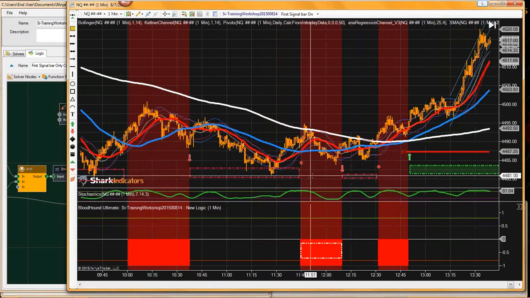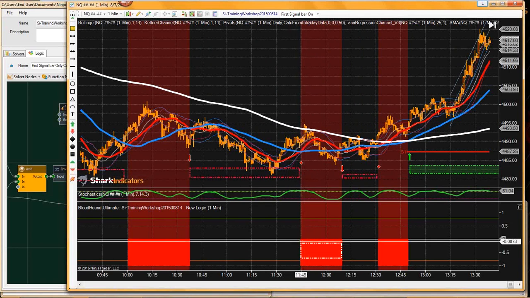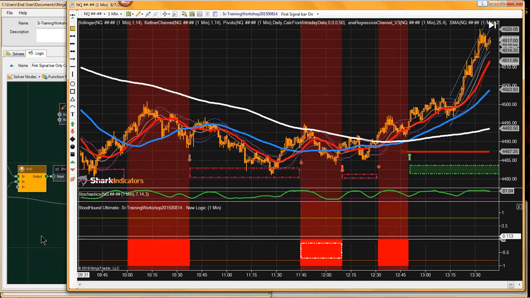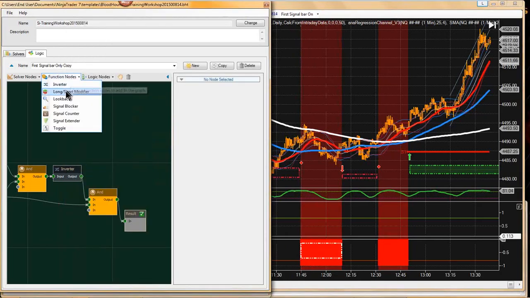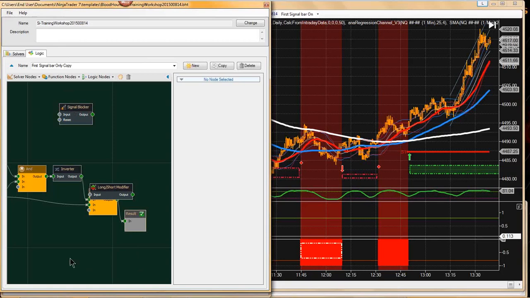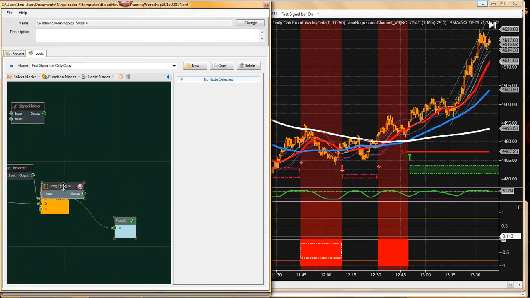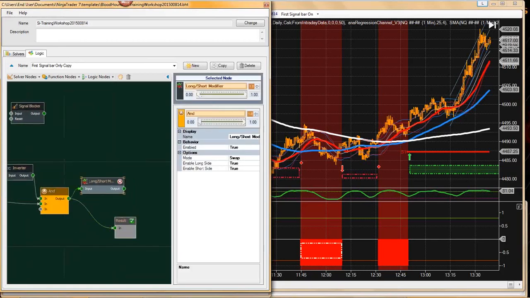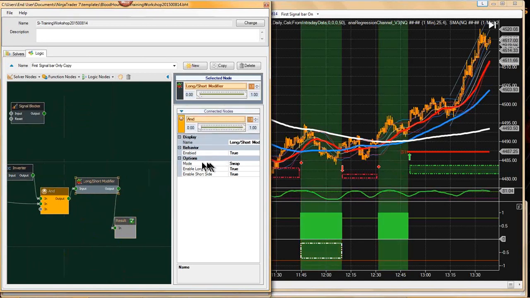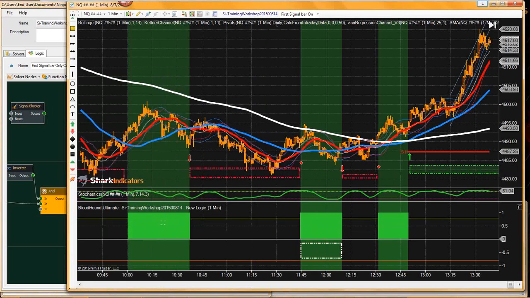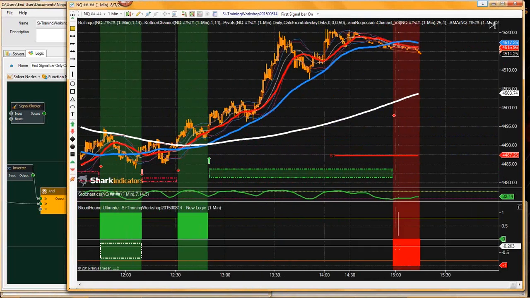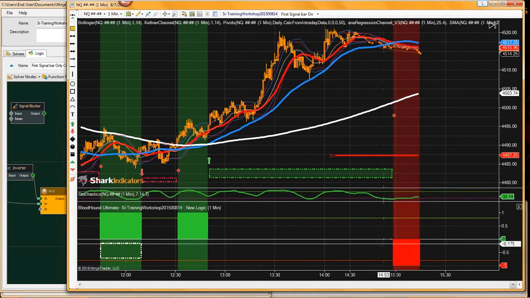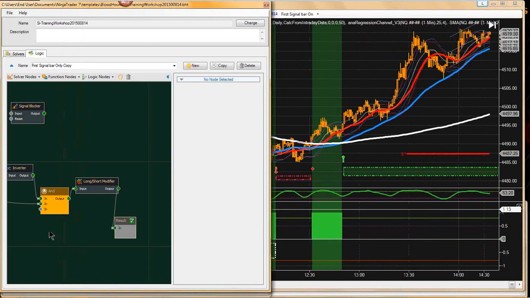I need to reverse this short to a long signal. We can just use our long short modifier, and the default mode is set to swap. We can see it just swapped the short for a long, and then swapped our long over here for a short. Just reversed it.